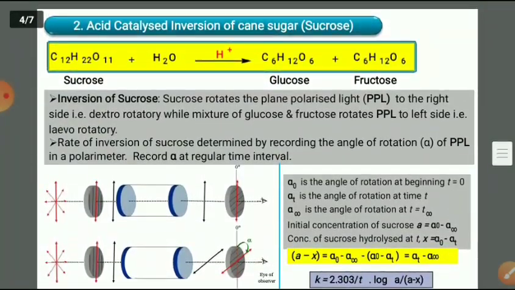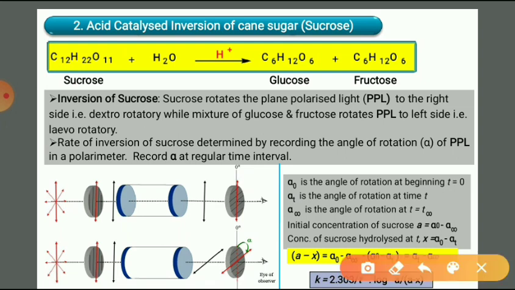The next example we have taken is the acid catalyzed inversion of cane sugar, that is sucrose. Now here the sucrose is dextrorotatory.